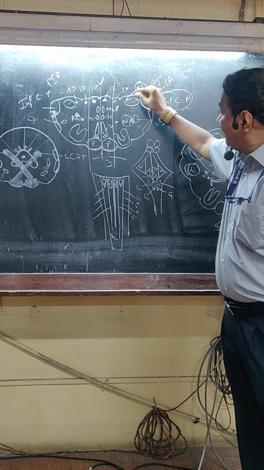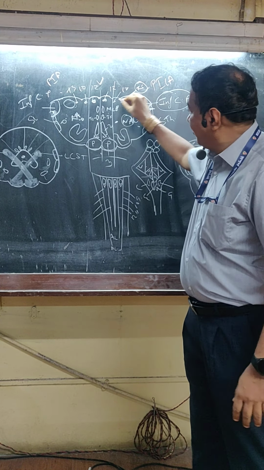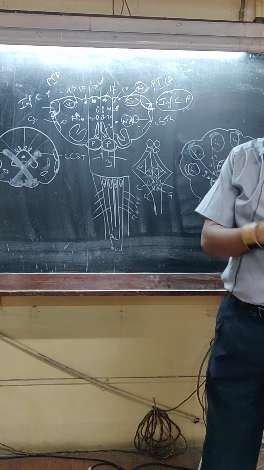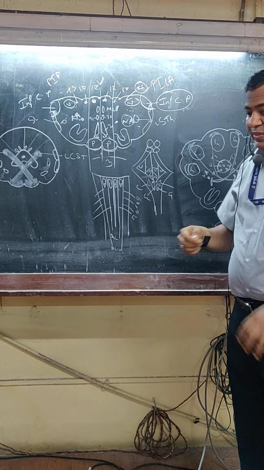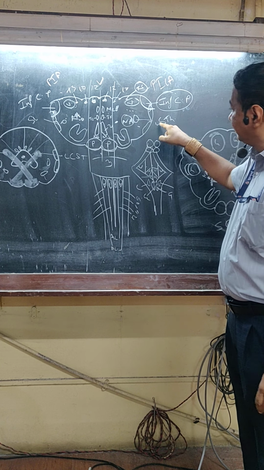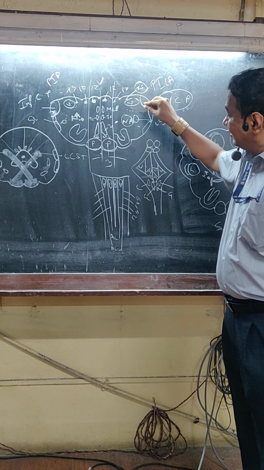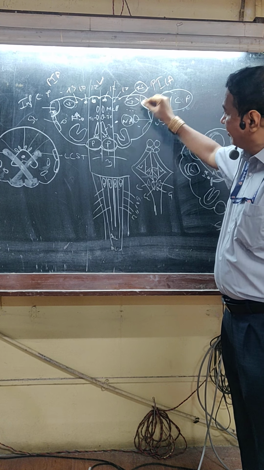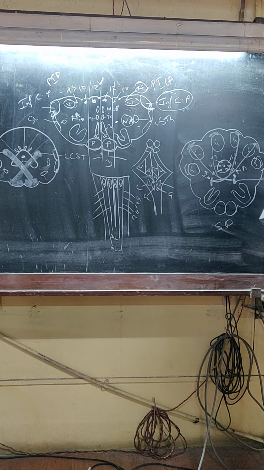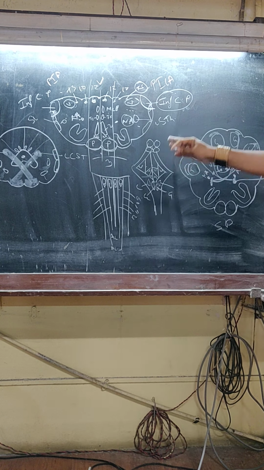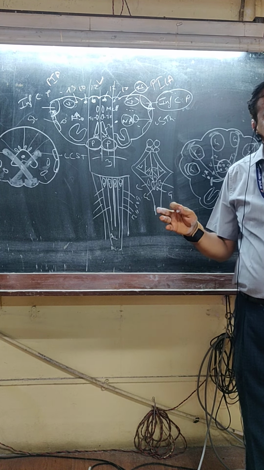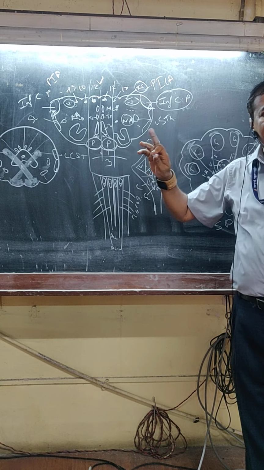Then vestibular nuclei, this area is the vestibular nuclei, so vertigo. So let's come back again to the things that can be affected in lateral medullary syndrome, also called Wallenberg syndrome.